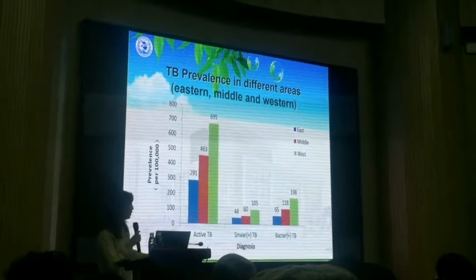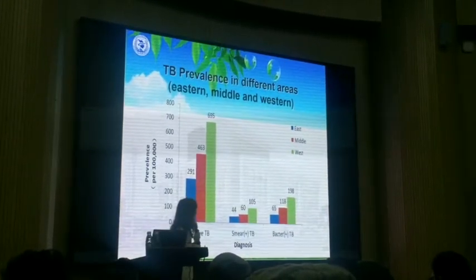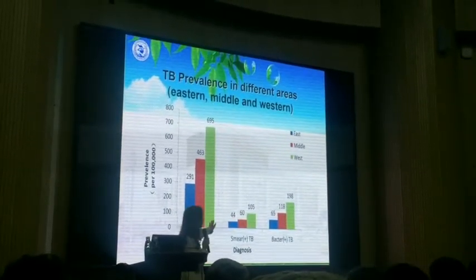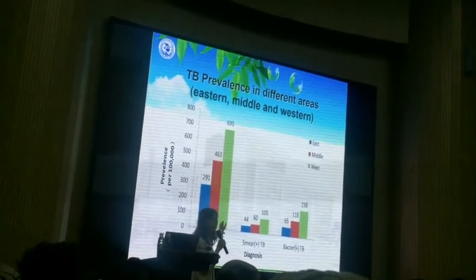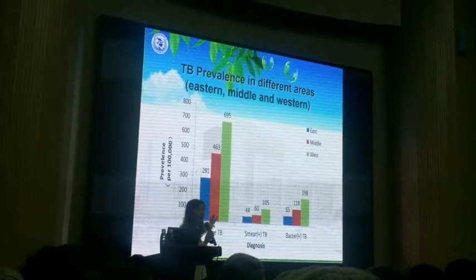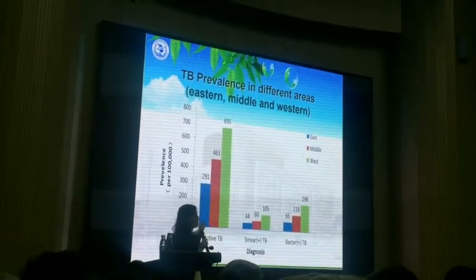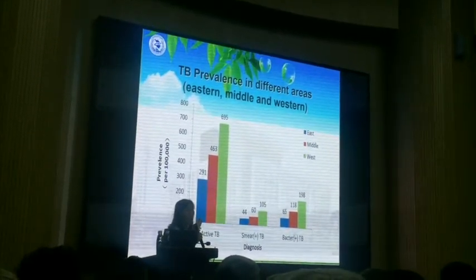So we are in this group. And you know the west of China, Western China is poorer. It's poorer than the middle, and the middle is poorer than Eastern China.